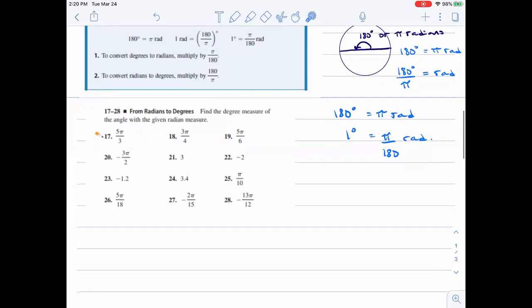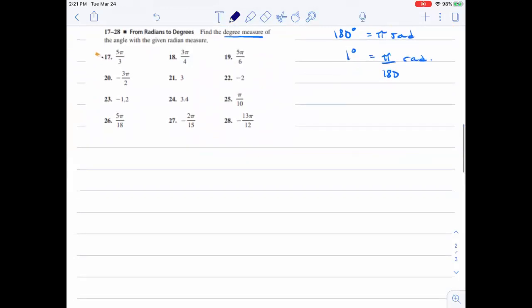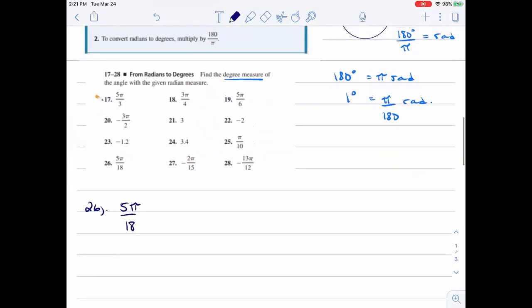So for all of these, we want to find the degree measure. Here, these are all in radians, and I know you guys want to do the harder ones. Let's do 26, for example: 5 pi over 18.